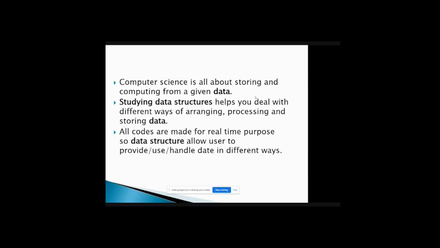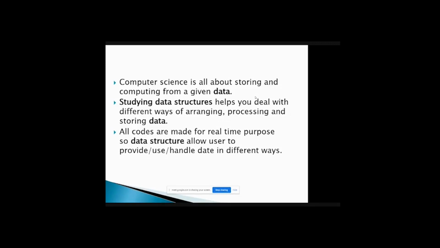So when I say data, it is not just storing. It has to be neatly arranged. Once you arrange the data in a particular order or a particular structure, it will be processed. That means you do some operation on that data and then store the data.